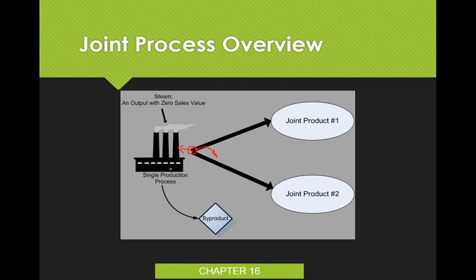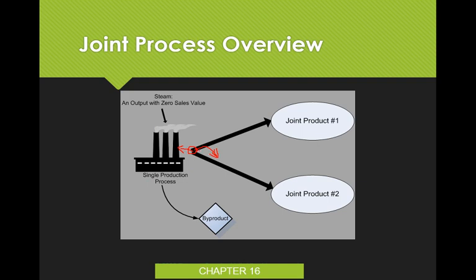After this point, we can distinguish the components of the crude oil, يمكننا أن نميز المنتجات عن بعضها البعض.